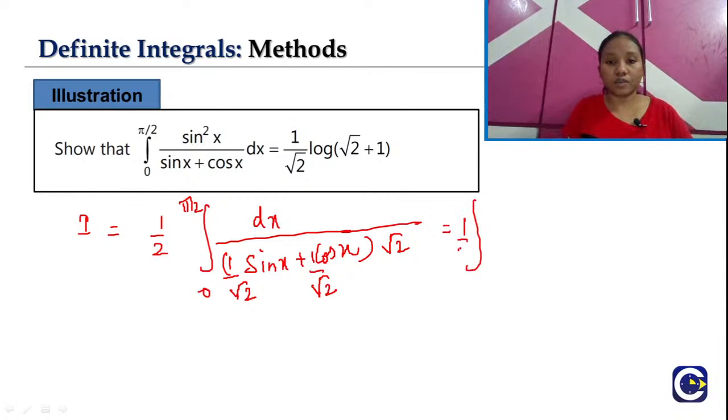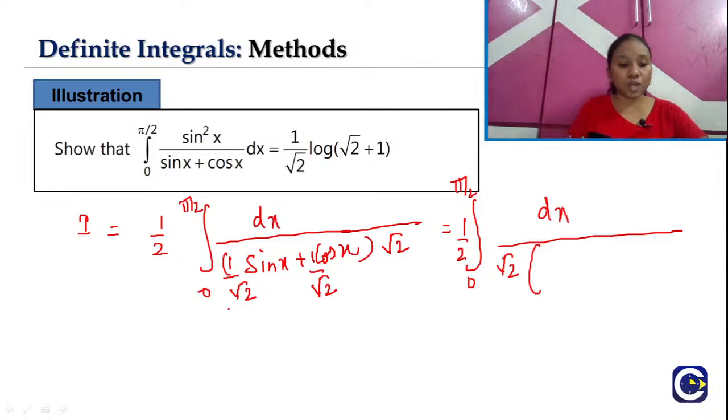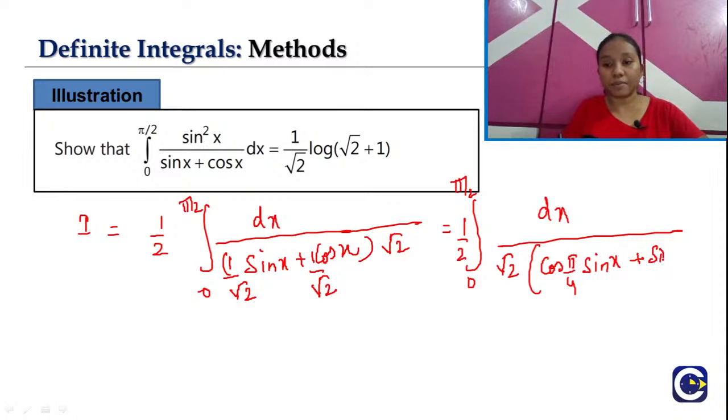This will be 1 by 2 integration from 0 to pi by 2 and dx. Again root 2 will be there because I have multiplied here. And this 1 by root 2 can be written as cos pi by 4, and here sin x will be there. Plus here 1 by root 2 can be written as sin pi by 4, and cos x is already there.